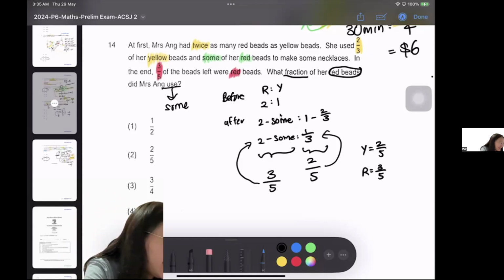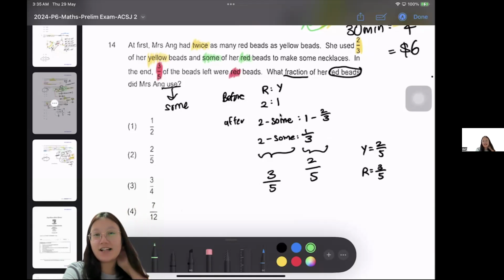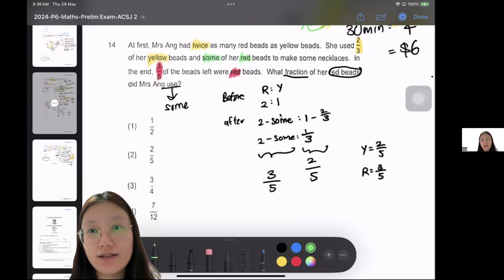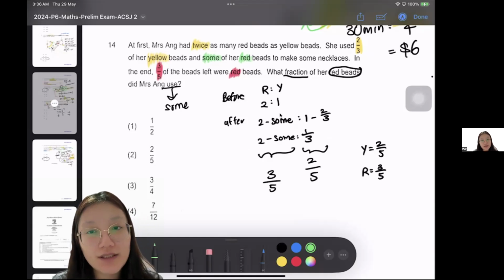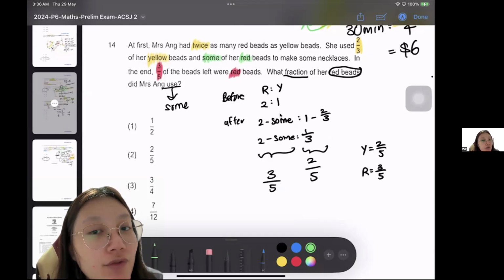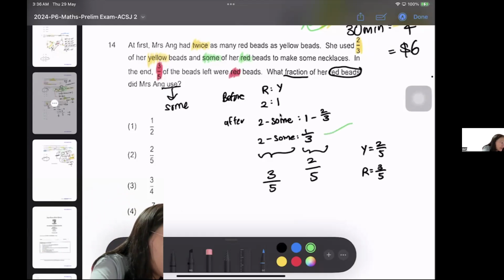Okay, it sounds a little bit confusing right now, but let's try it this way. Let's say a ratio is basically a number that can be any number. So in order to make things easier, let's make the ratios into a whole number first. Do you know you can actually multiply a ratio into a whole number?